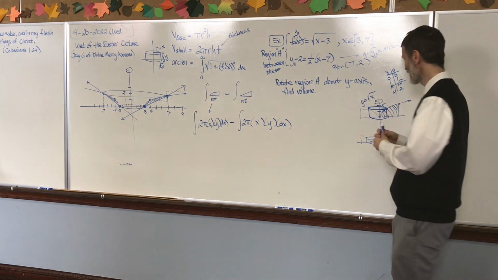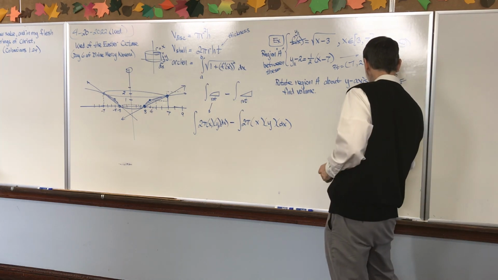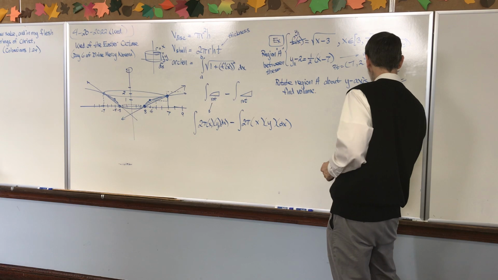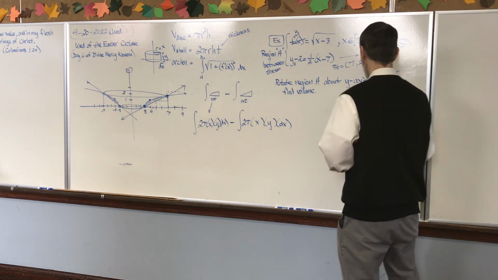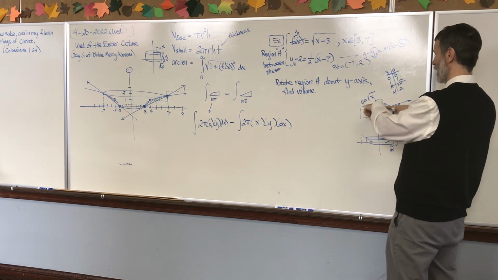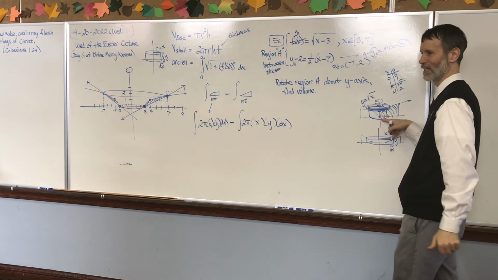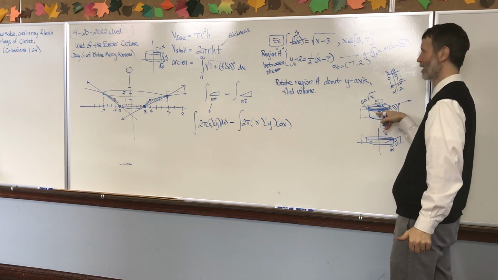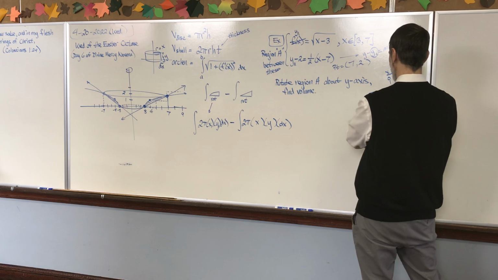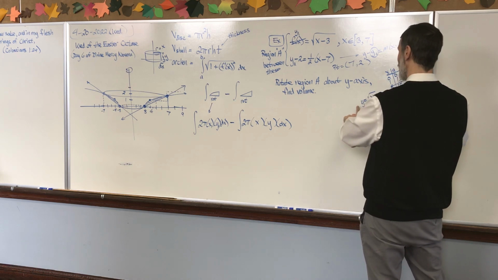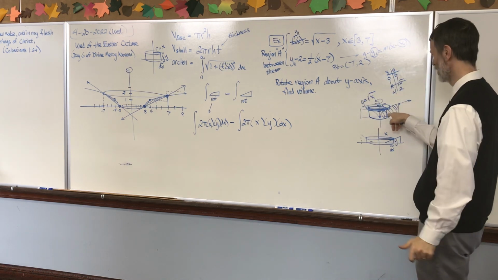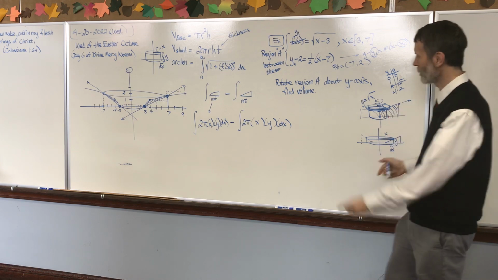If I try discs, the disc goes this way, and another disc would be up here. It would fill up the wrong spot. It would fill up this upside down Hershey's Kiss thing, the inside. The outside, we'd have to go shell, shell, shell, and that fills up the lower part. Okay, got it. Thank you.